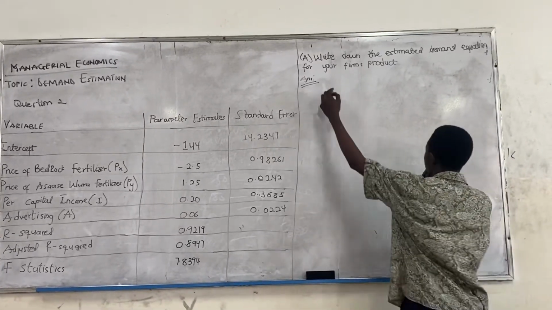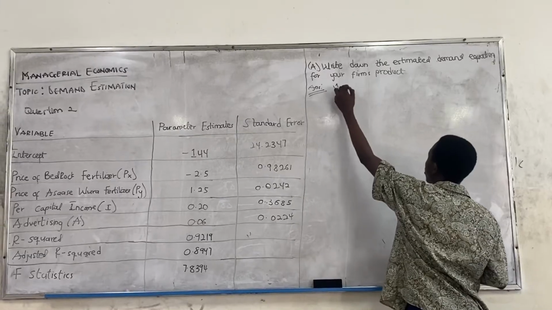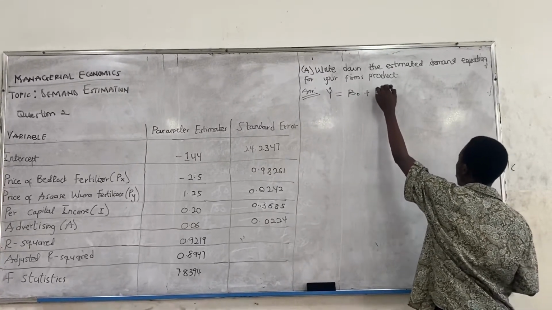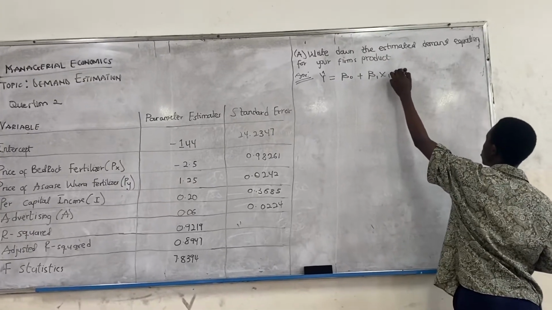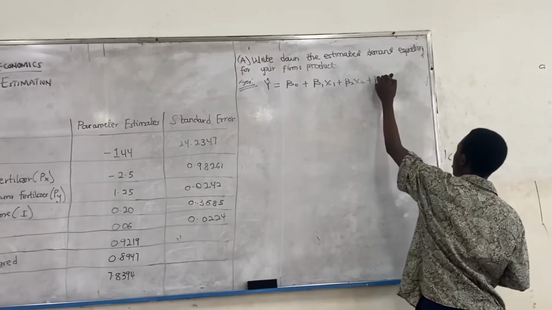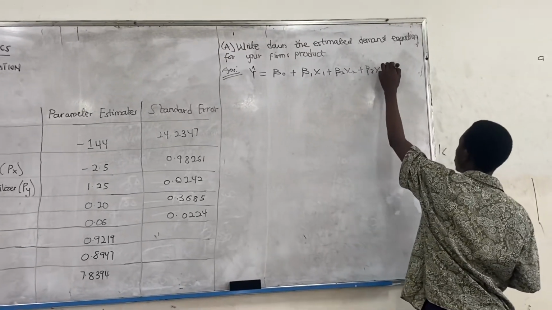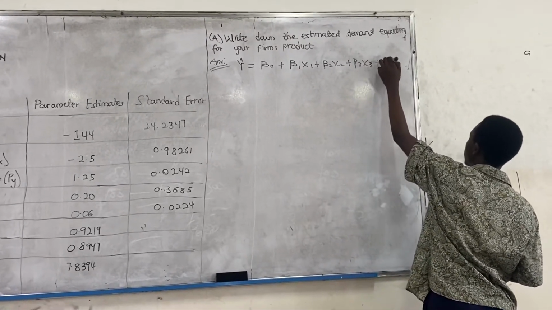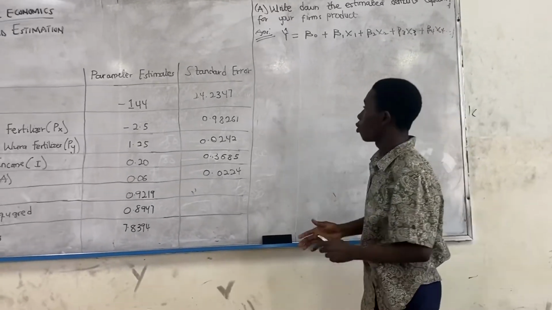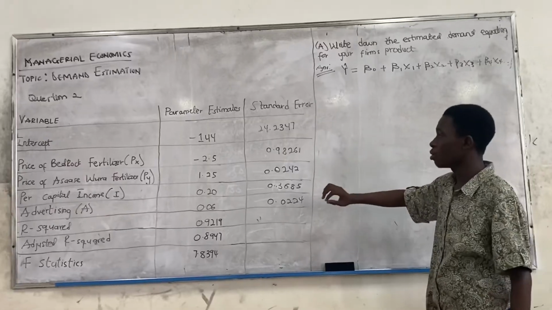So we have the equation Y naught is equal to beta naught plus beta 1 X1 plus beta 2 X2 plus beta 3 X3 plus beta 4 X4. Now we want to find the estimated demand equation from this table.